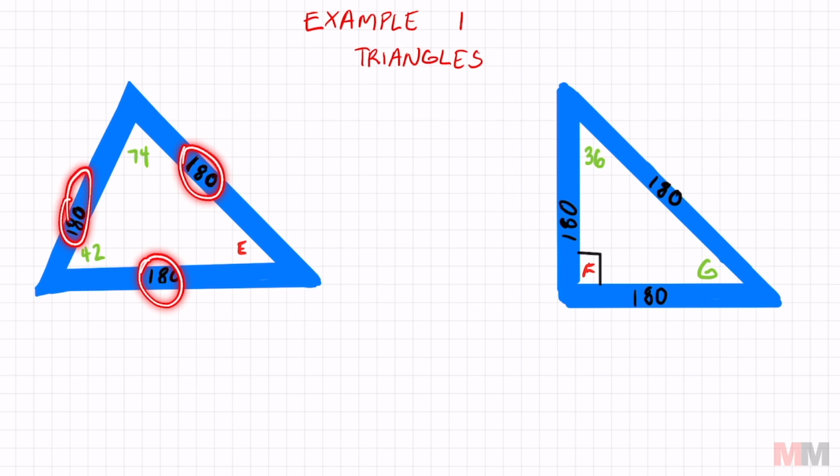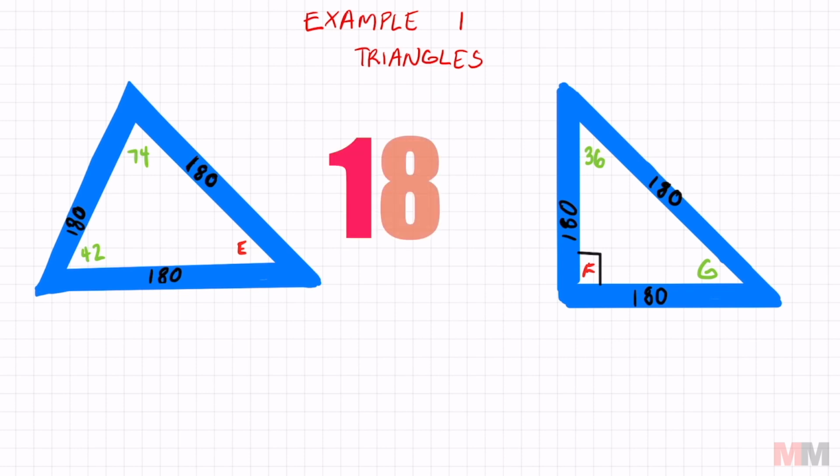If you see a triangle off the bat in your head, ding, 180. Well, your brain should be saying 180. All the angles, 180. There's two ways you can do this. If you know that the inside adds up to 180, and we're trying to find E, then all you have to do to find E is take 180 and subtract the other two angles.